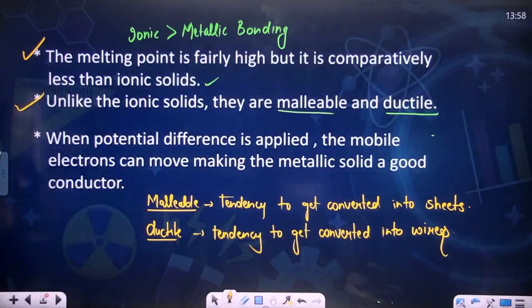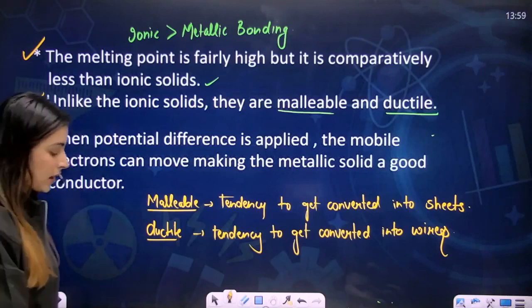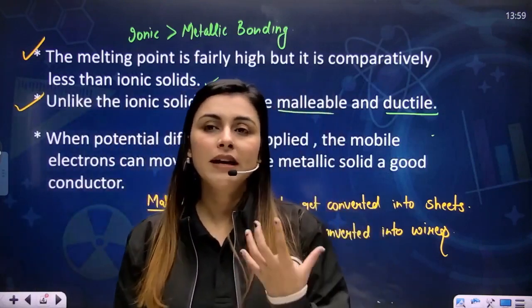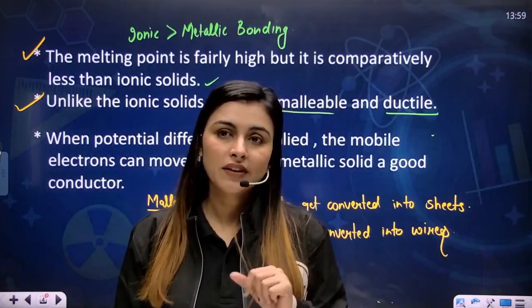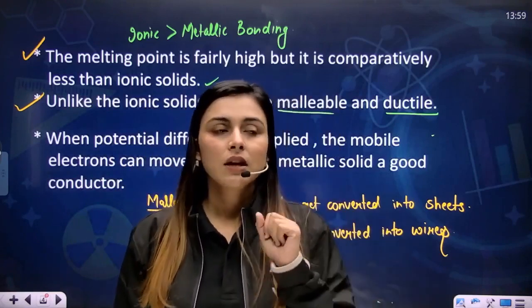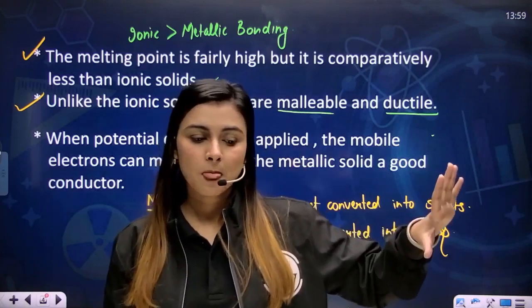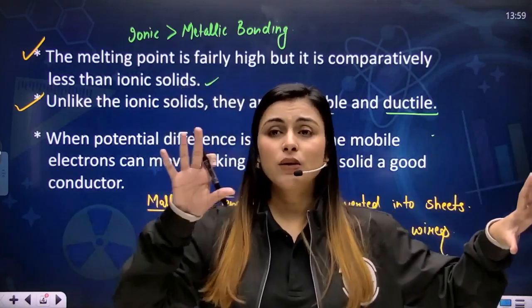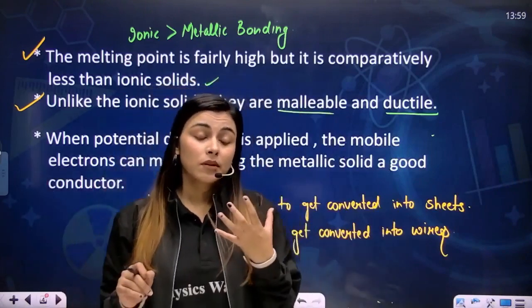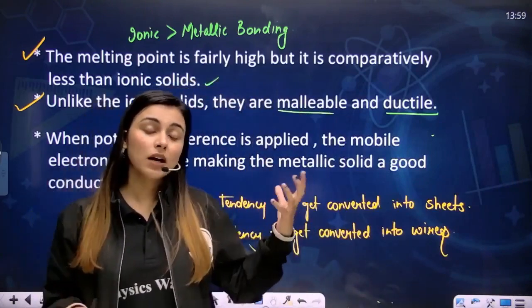Next, when potential difference is applied, the mobile electrons can move, making the metallic solid a good conductor. I told you that for a metal or an element to be a good conductor of electricity, it should have good charge carriers. And what are charge carriers? Either they could be free electrons, or they could be free ions. Now it is saying that metallic solids are good conductors.